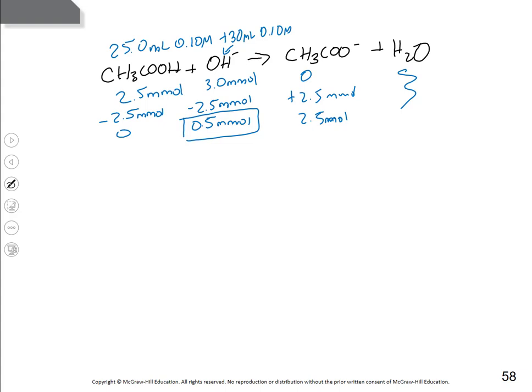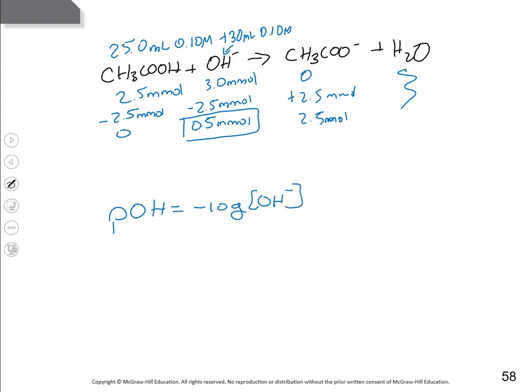So we have 0.5 millimoles of hydroxide. How do we find pH from that? pOH is the negative log of the concentration of hydroxide, right?